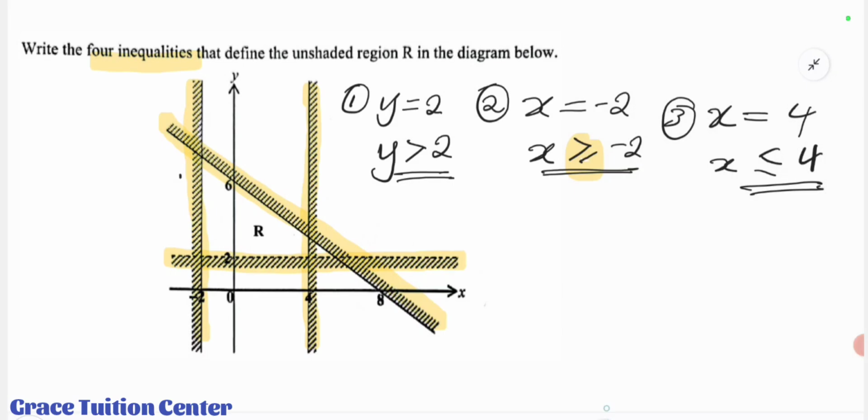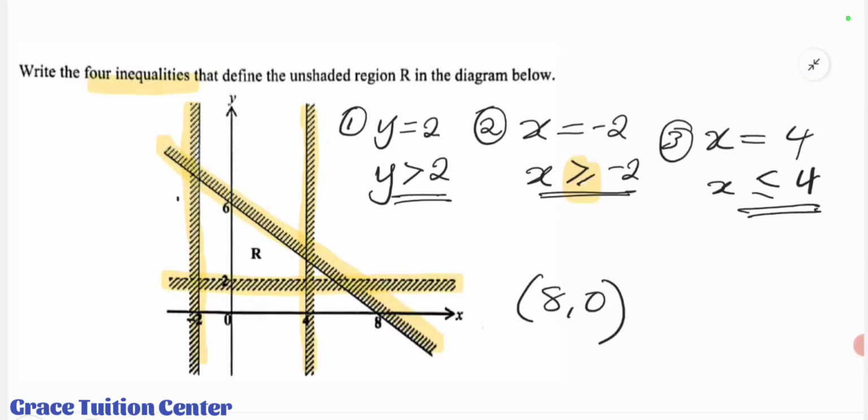The first point here is the coordinate 8, 0. Then this one here is the coordinate 0, 6.